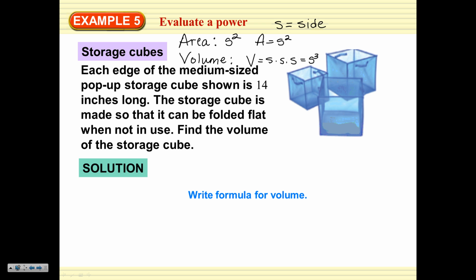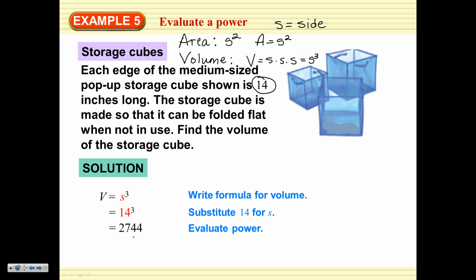Write the formula for volume, which we know what it is right here. Volume equals side cubed. We're going to substitute the 14 in for the S because that is the length of all 3 of our sides. We know that because it's a cube. So we have 14 cubed, which means 14 times 14 times 14.